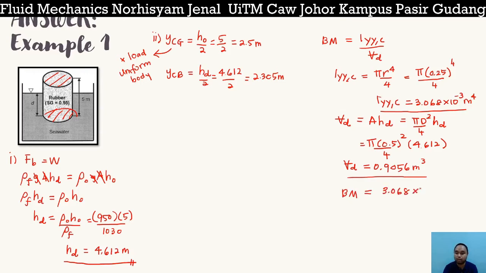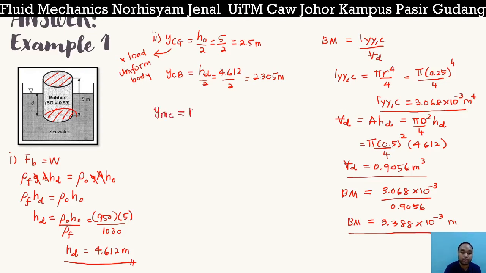Okay, so we have IYYC, we have volume of displacement, so BM is equal to 3.068 times 10 to the power of negative 3 divided by 0.9056. So your BM should be equal to 3.388 times 10 to the power of negative 3 meter. Okay, so we already find out what is the BM, so we can find your YMC.